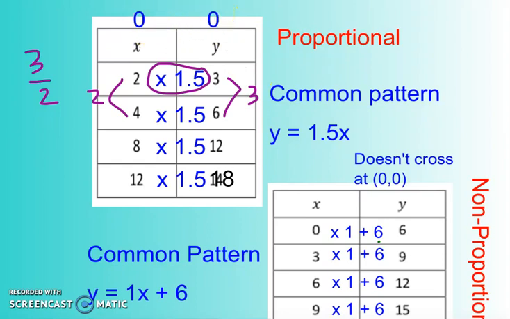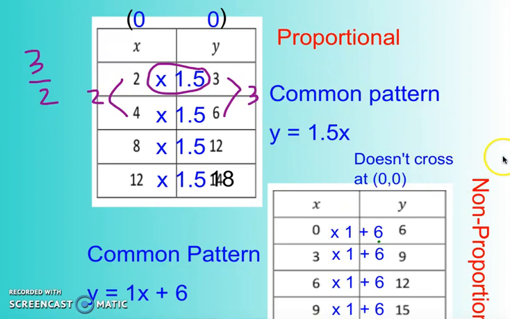So that means when I am at 0 on the x-axis, then I am also at 0 on the y-axis. And that is the second criteria to make something proportional. So this table right here actually fits the criteria for a proportional relationship.